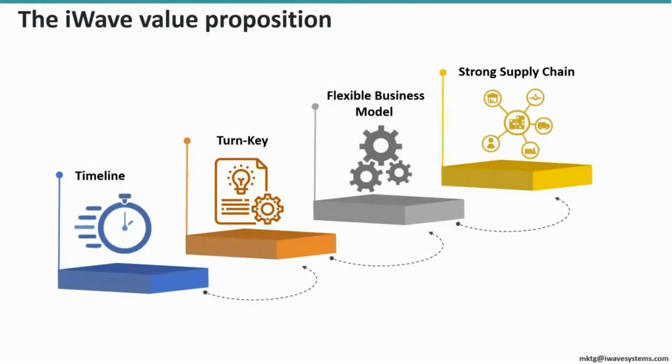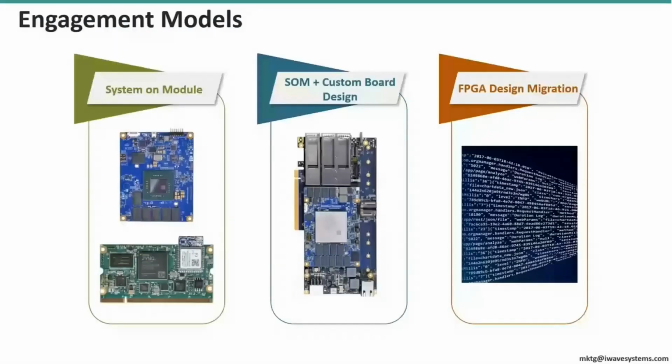The second is providing you a turnkey solution, whether it's only SOM or SOM plus carrier card, different business models based on your end customer, your requirement, or your strategy to go to market. And last but not the least, what I've been emphasizing is the strong supply chain team at iWave, which enables you to combat and have a continuous supply of products.